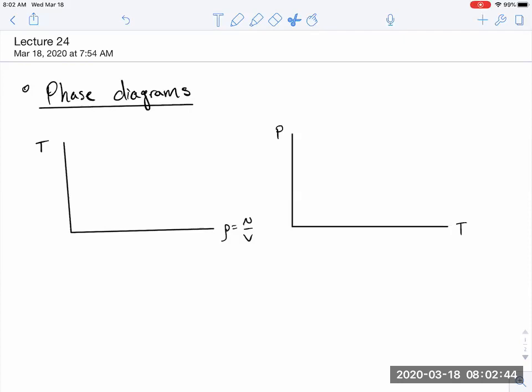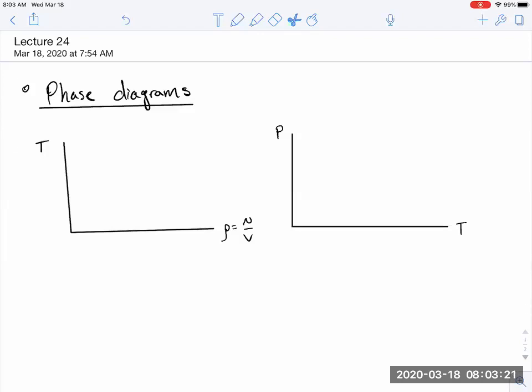They summarize regions of parameter space, parameters that we can control, things like the temperature or the pressure or the density, and over which ranges of those parameters we find specific phases, or where we find phases in coexistence with each other. They demark lines at which abrupt behavior occurs, like a vapor spontaneously changing into a liquid, condensing, or a solid spontaneously melting into a liquid.